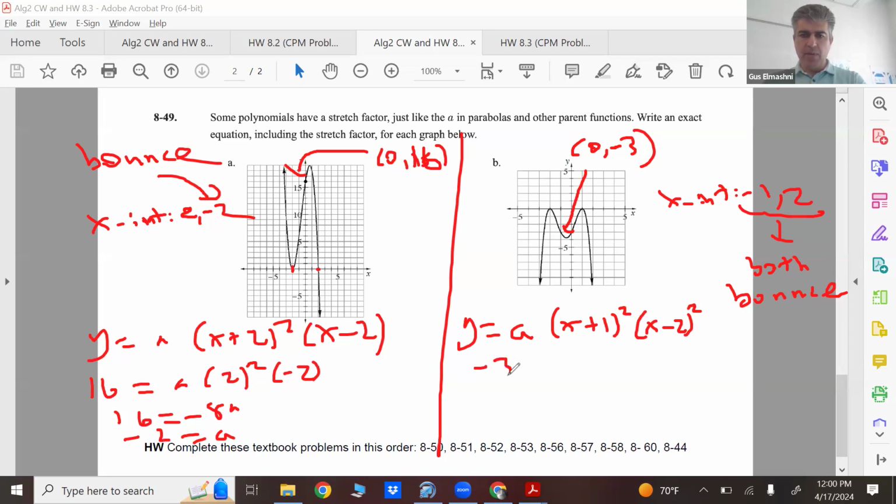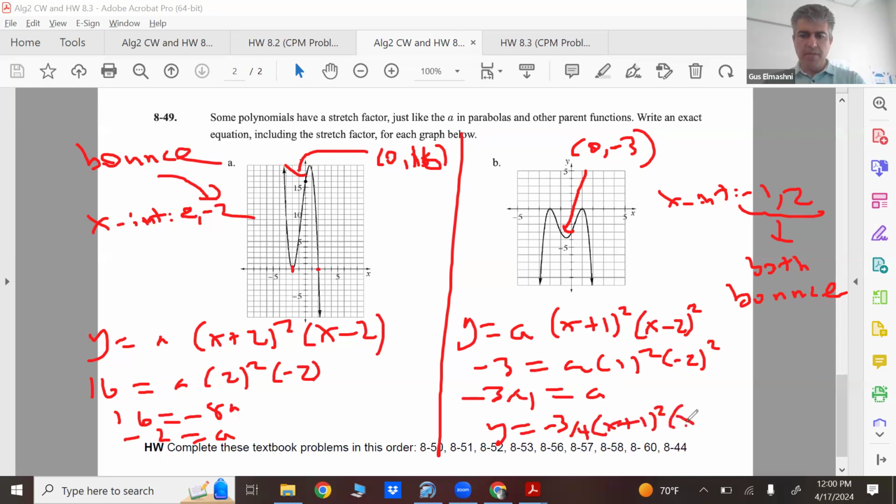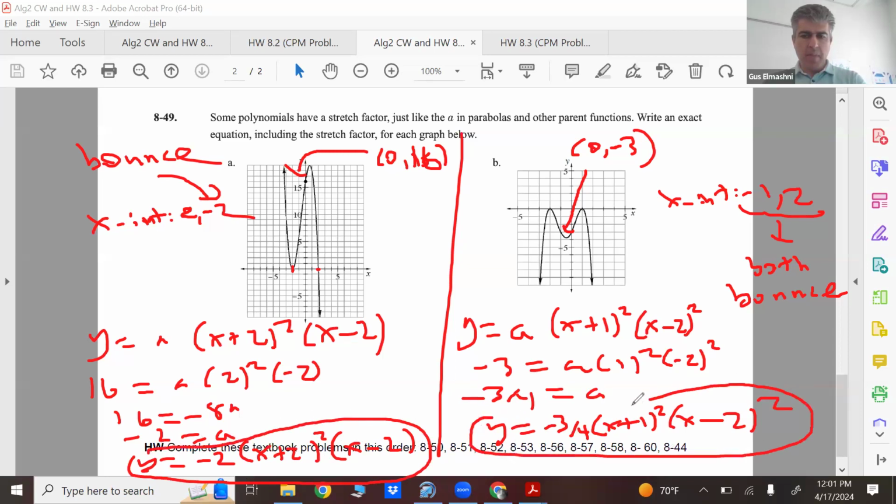Here, plug in -3 for y and 0 for x. a is going to be -3/4. So that's how you do those problems.